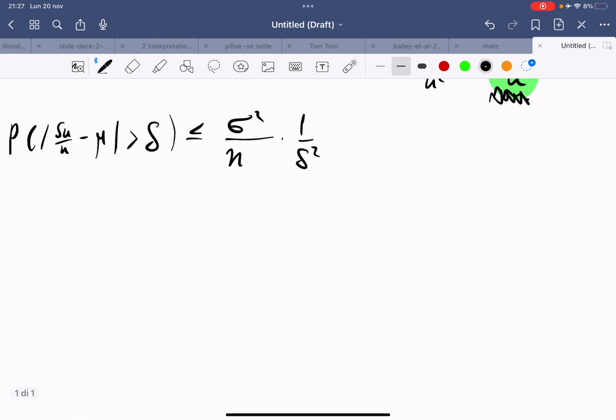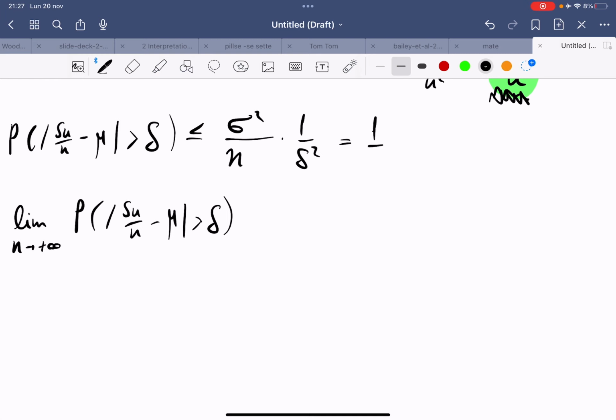Now, since we are talking about convergence in probability, we have to compute the limit as n goes to plus infinity of this probability, the probability that this difference is larger than delta. But we can factorize this again, and we have that 1 over n multiplies sigma squared over delta squared.